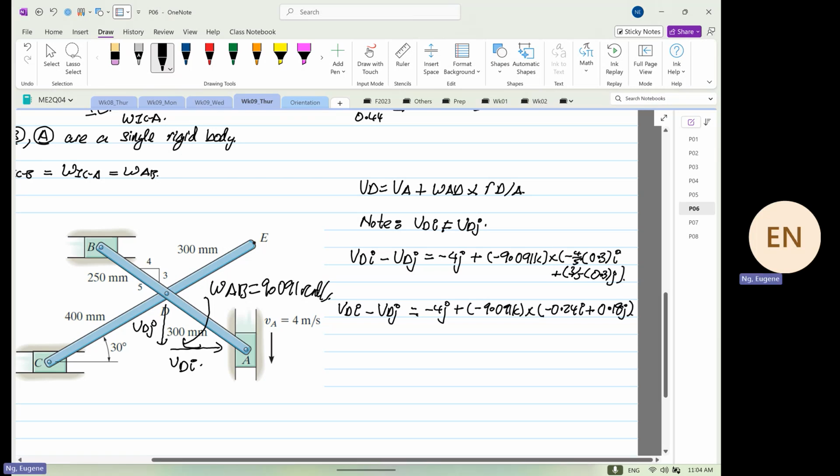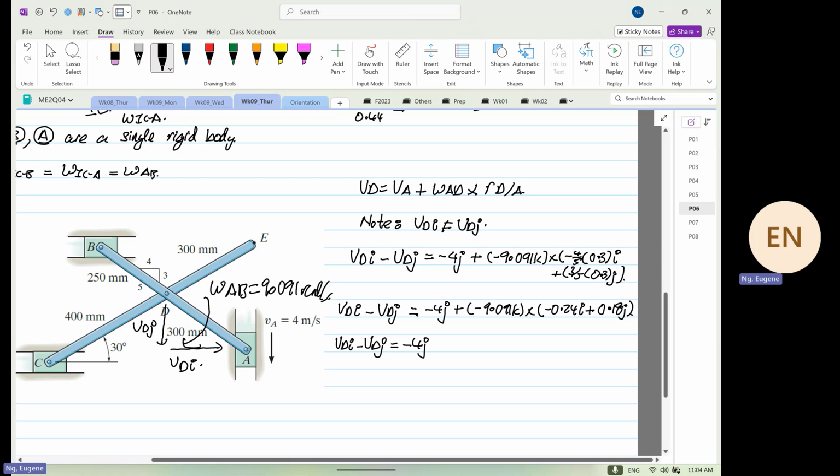Okay. Now this one you have no choice. You have to use relative motion. Okay, you cannot do anything else because we don't know what is our magnitude in I and J direction in terms of velocity. So you have VDI minus VDJ. This will be equal to minus 4J. Okay.